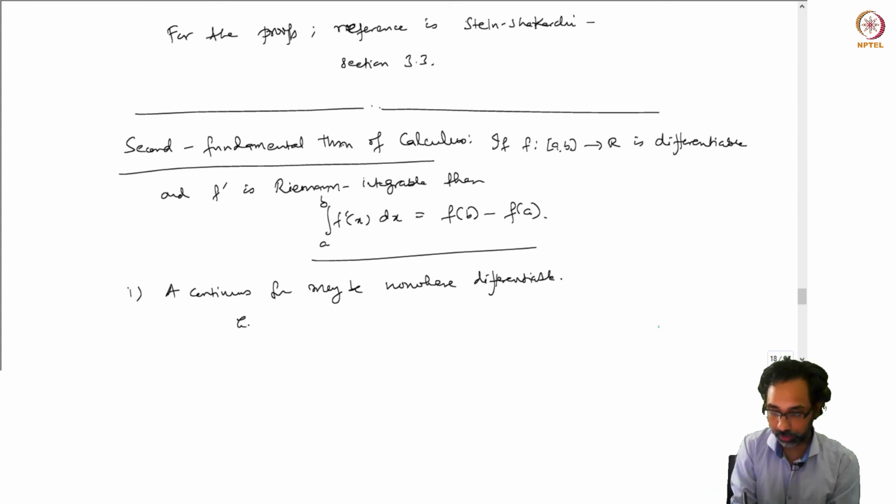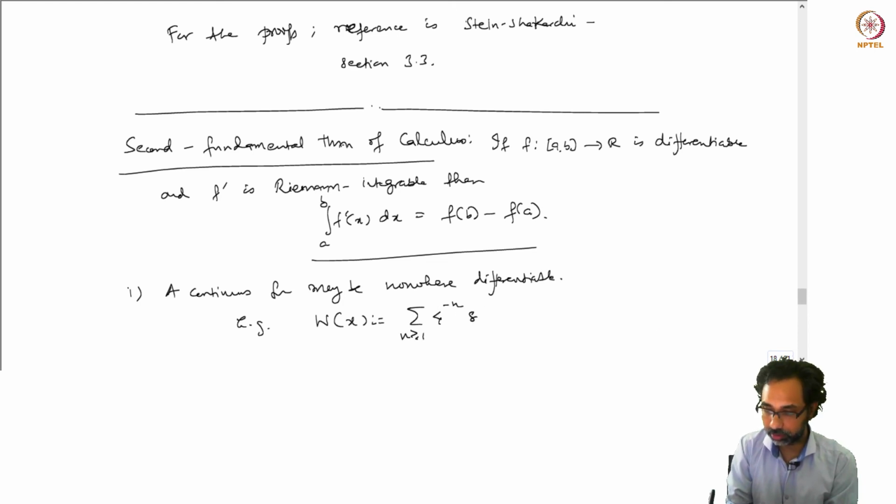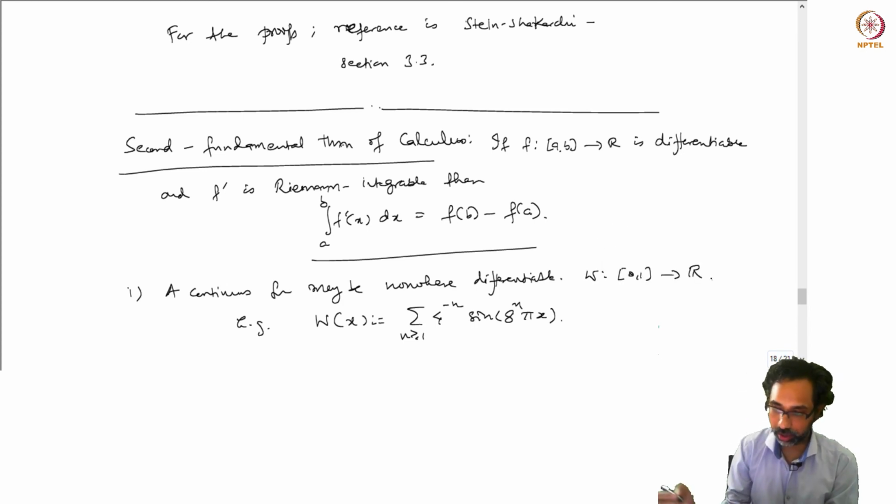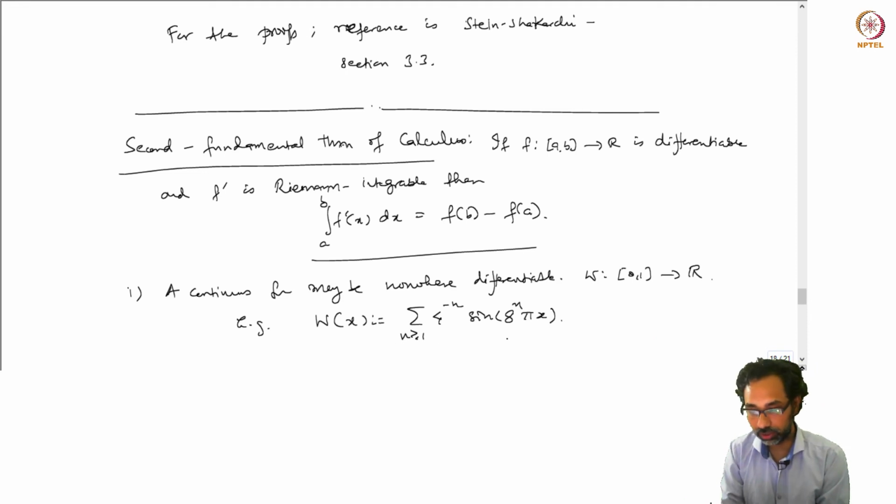An example is given by the so-called Weierstrass function, which is given by this sum of sine of 8 to the power n pi x, defined over [0,1] to R, and one can show that this is nowhere differentiable in this interval [0,1].